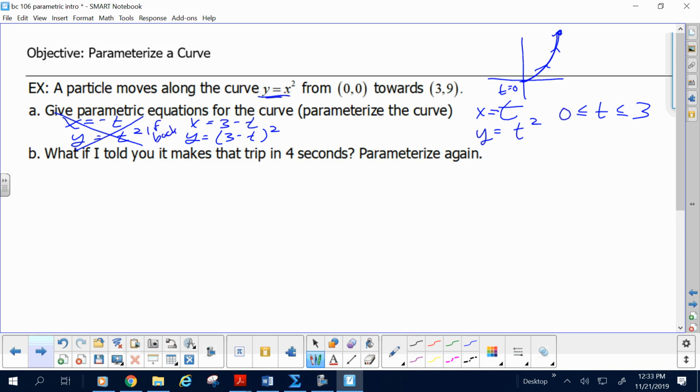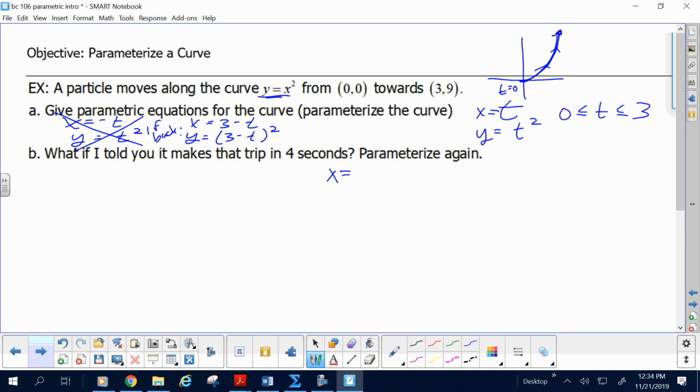Okay. All right. What if, instead of doing that in 3 seconds, I wanted you to do the original path in 4 seconds? It's still doing the same path.